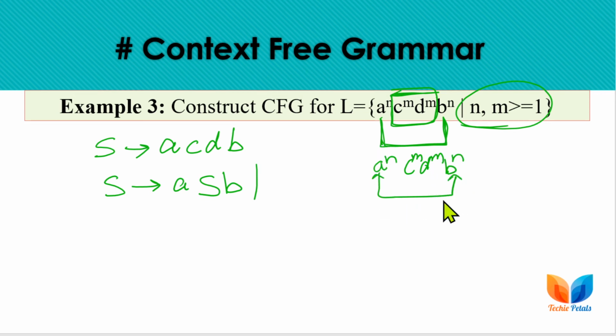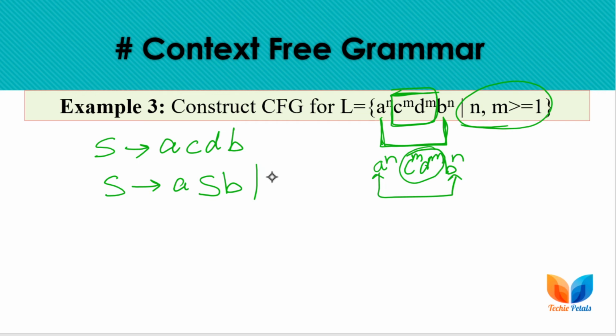and the same number of B's, then we need to move to the inner level, and to move to the inner level we have to change the non-terminals. From S we need to redirect to another non-terminal to put this string in iteration, right?